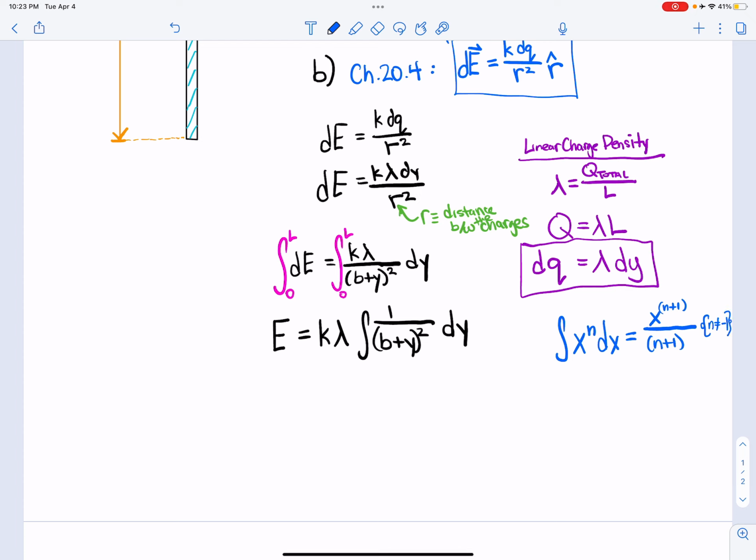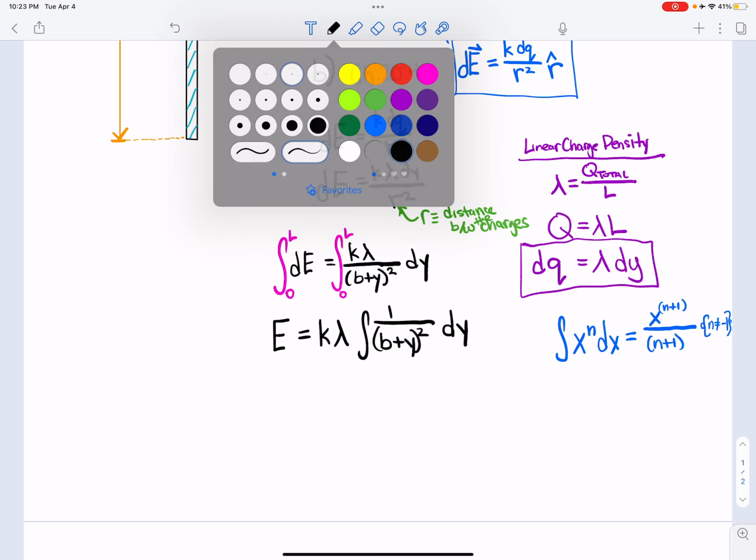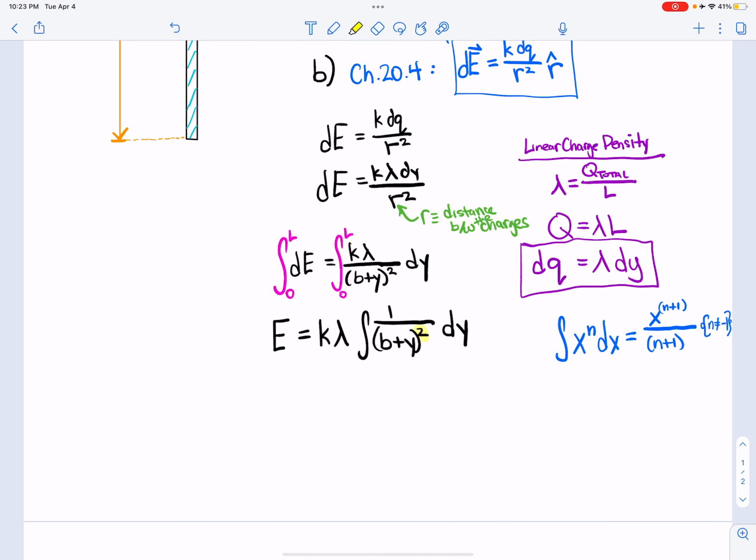And in this case, n is equal to -2 and not -1, since the power of 2 is in the denominator, so it's -2.